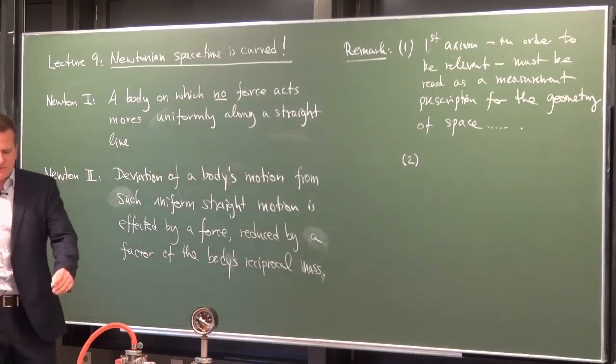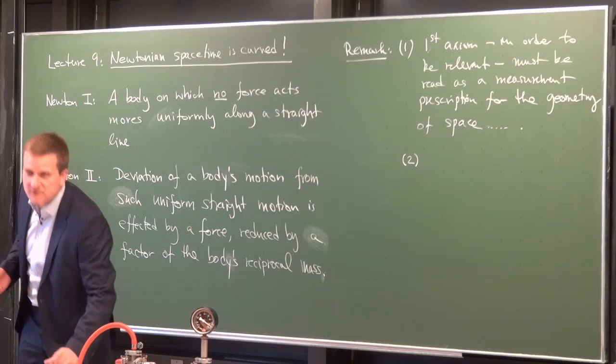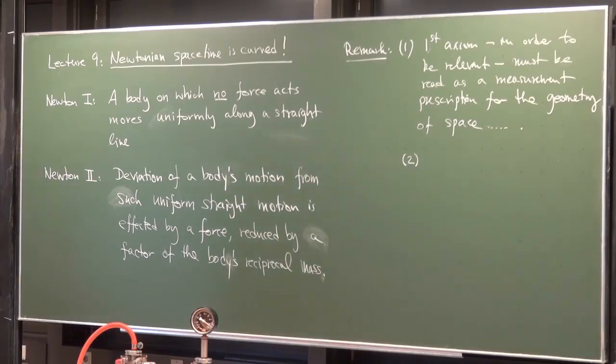But as soon as I have a second particle in the universe, and I think of gravity as a force, which is the standard view, then I can no longer use this particle in order to measure the geometry of space. Why? Well, there is another particle somewhere, another mass, and in Newtonian theory all particles have mass, and all masses gravitate at arbitrary large distance.